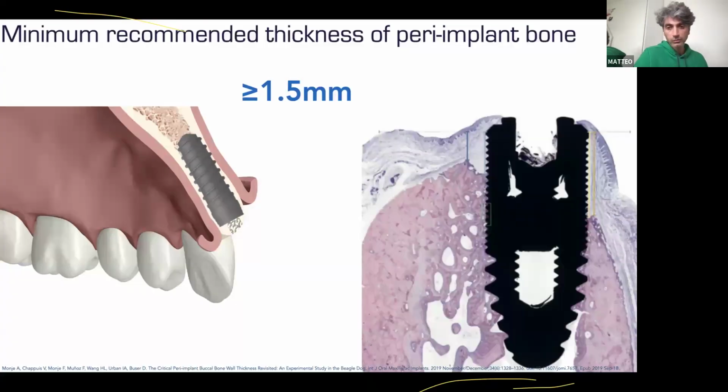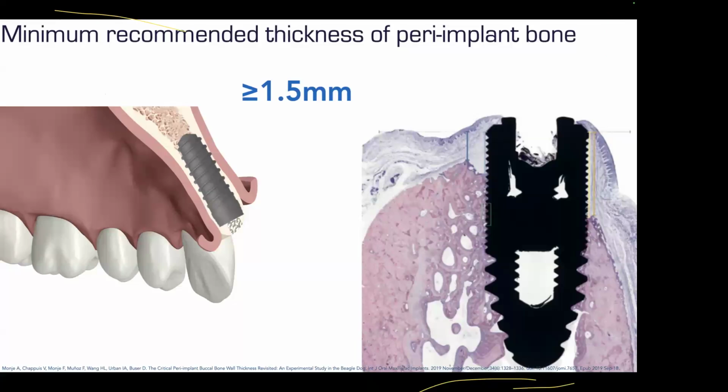Well, we know that we need at least 1.5 millimeter of bone around the implant.